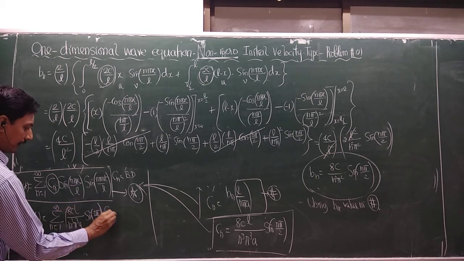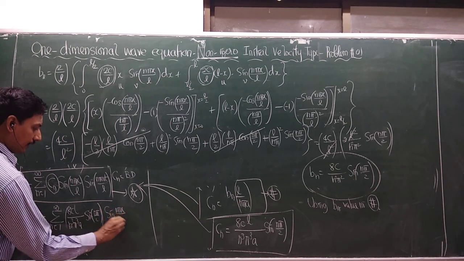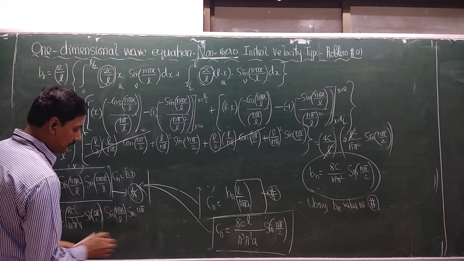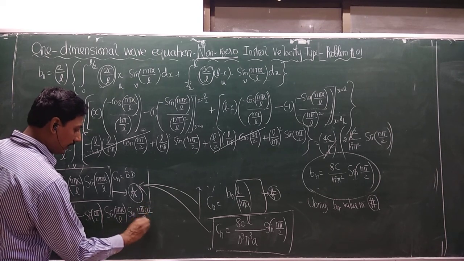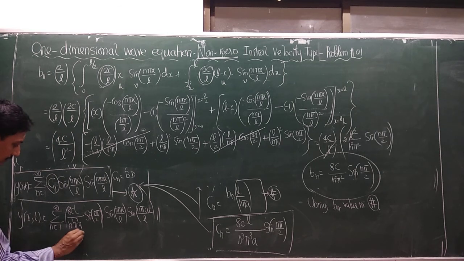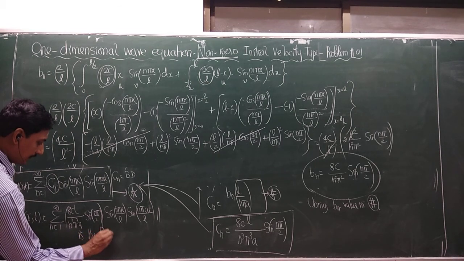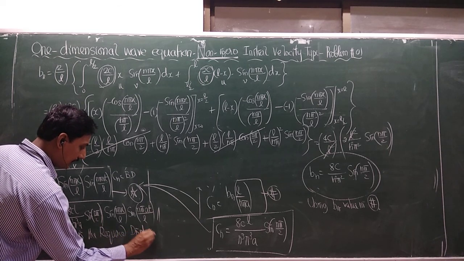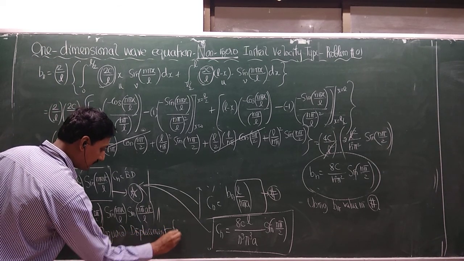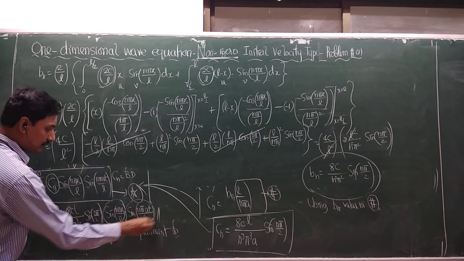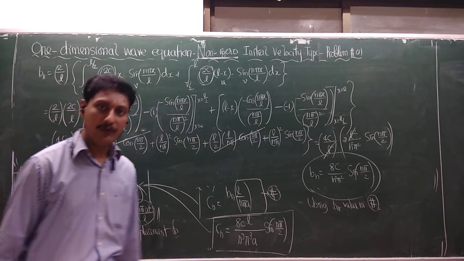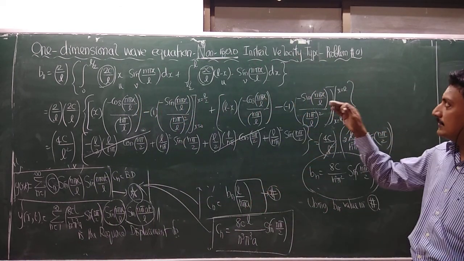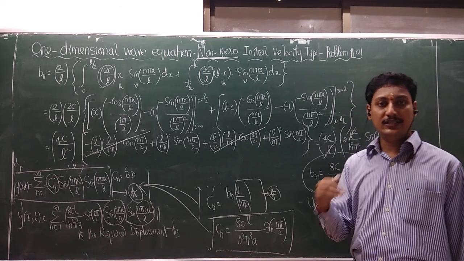Now sin n pi x by L, sin n pi a t by L. So this is my required displacement function under the non-zero initial velocity. Both the terms are sine, one for x, one for t. So this is the first problem under the non-zero initial velocity.